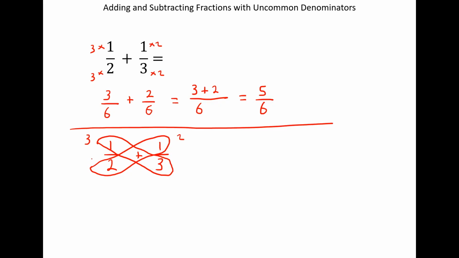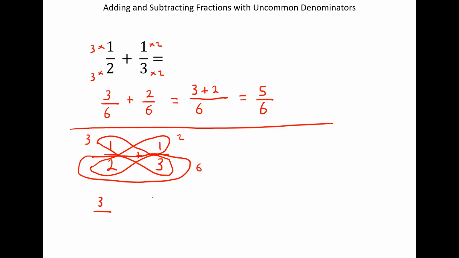Now what I want to do with this method is I want to do one more step for this butterfly method. I want to draw almost like a cross for my bottom denominators, indicating that I have to multiply them together. So in this case, 2 times 3 is going to be 6. Now my top number was 3.